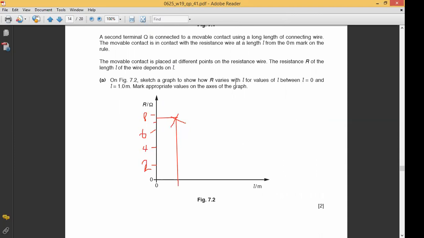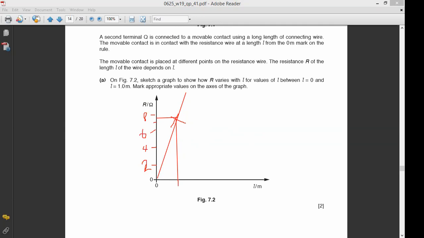Was there any mention of that? No. So that means what we have here is a positive gradient. We have something that moves from zero upward.